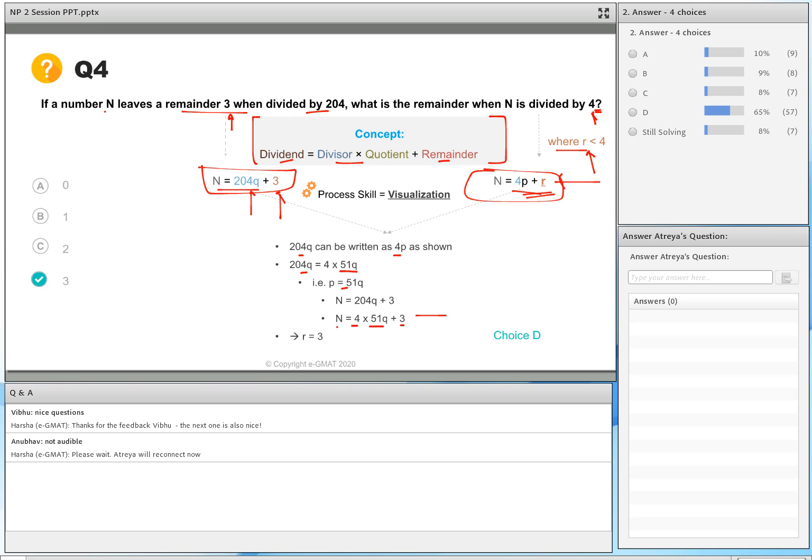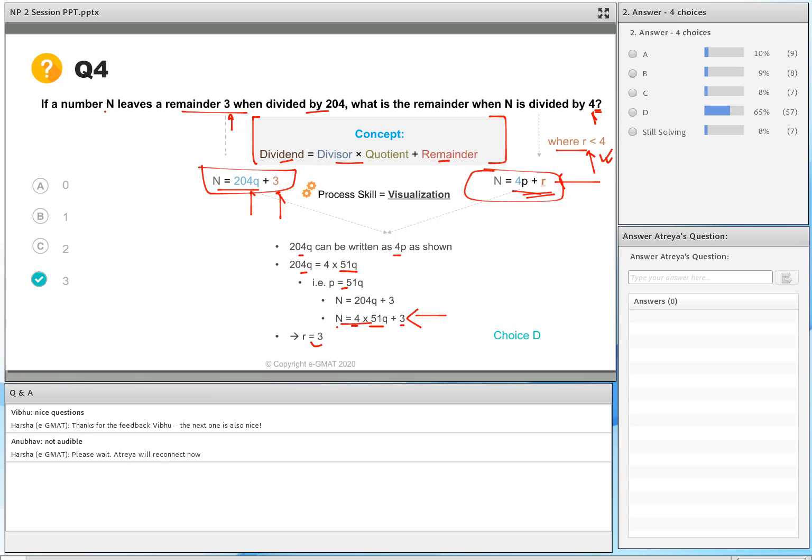Now here the value of r is equal to 3. I'll very quickly check whether r is less than 4 or not. Yes, it is. So I can directly say that when n is written in the form of 4p plus r, if r is less than the divisor, that r is the direct answer. So 3 here is the answer for this question.